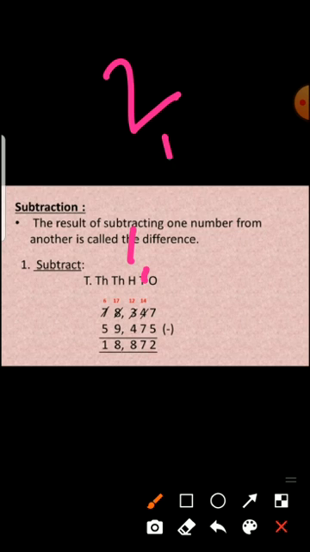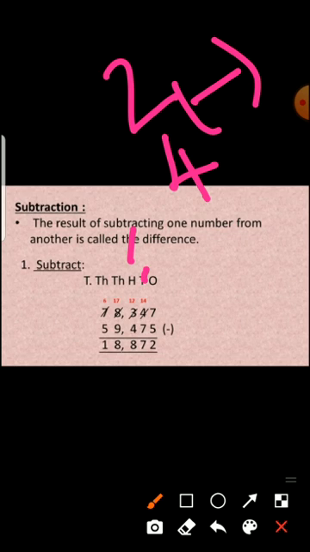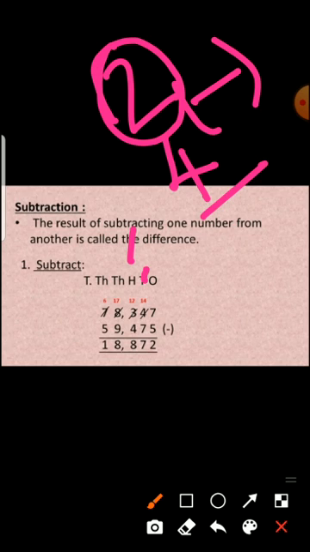We cannot subtract 4 from 2, because I told you that we can subtract a smaller number from a bigger number. So we have to make that 2 bigger than 4. We can borrow 1 from the thousands place, so this 2 will become 12.